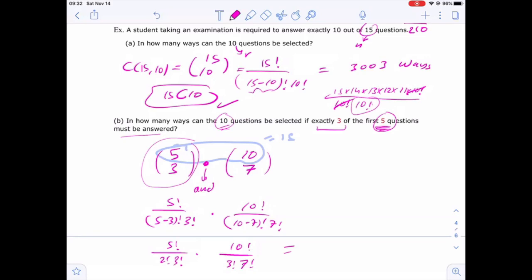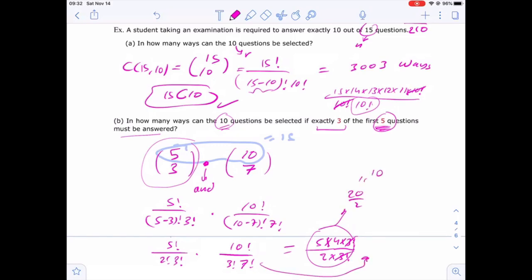You can simplify more. 5 factorial over 3 factorial is 5 times 4, because you can stop at 3, over 2 times 1, and you can cancel 3 factorial. So the first part gives you 20 over 2, which is equal to 10.